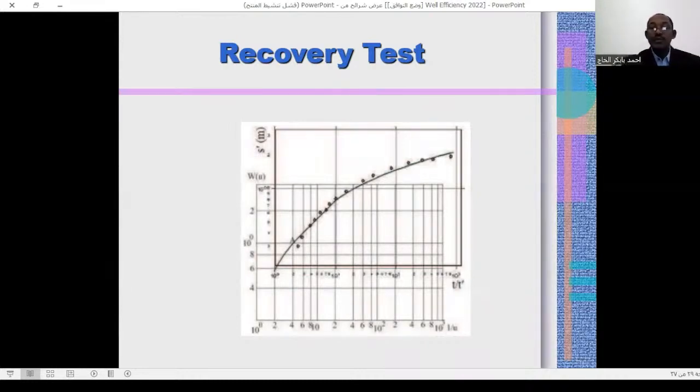But in the new method, the field data must be plotted on log paper, and matched with the type curve. In the choosing point, S dash equals 10 and T over T dash equals 1. After that, calculate the transmissivity and hydraulic conductivity.